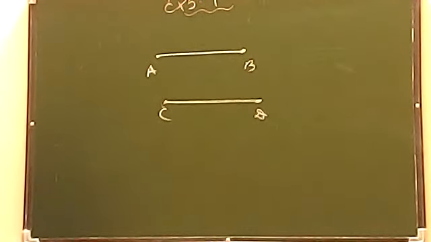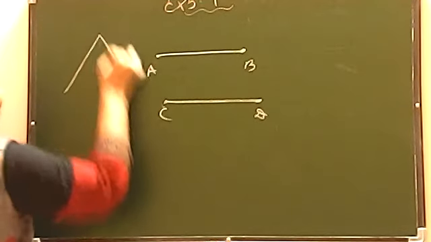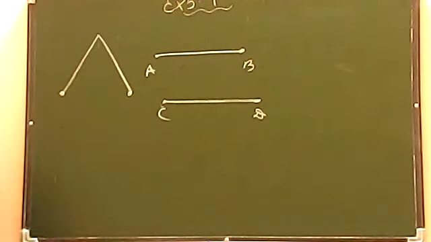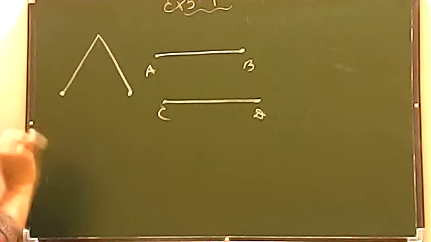Now the second question asks, why is it better to use a divider than a ruler while measuring the length of a line segment? As I have already told you, a divider has both end points as pin points. Both sides have pins, and pins mean you can measure even a very short distance.